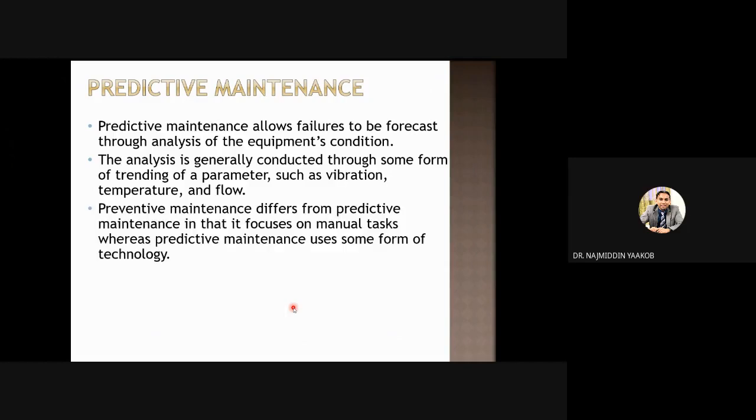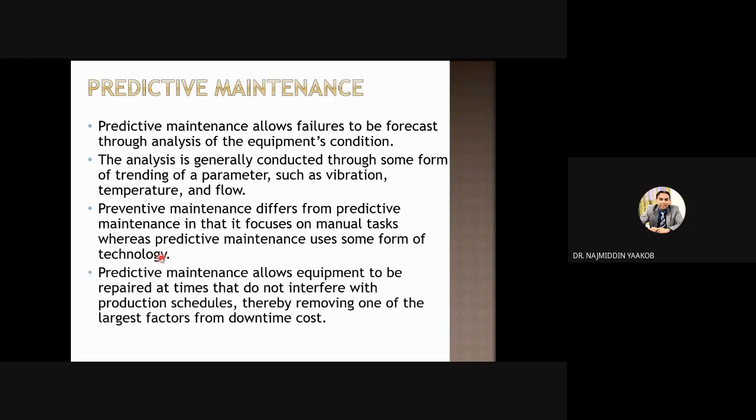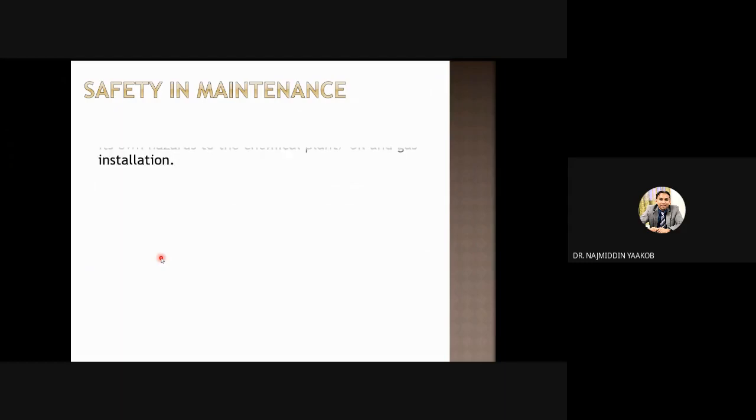Predictive maintenance differs from preventive maintenance because preventive focuses on manual tasks, where you inspect. But predictive uses some form of technology where you record and you predict, you have a model. Predictive maintenance allows equipment to be repaired at times that do not interfere with the production schedule. And the equipment service level will be very high under predictive maintenance.